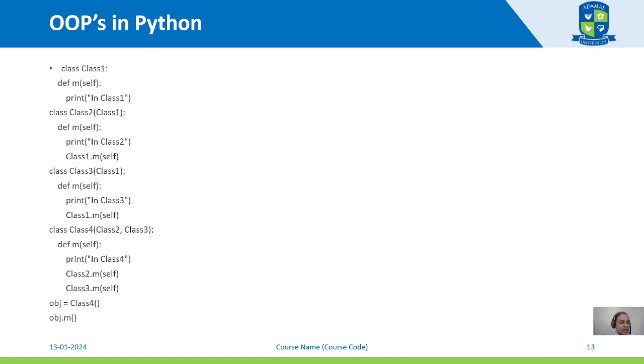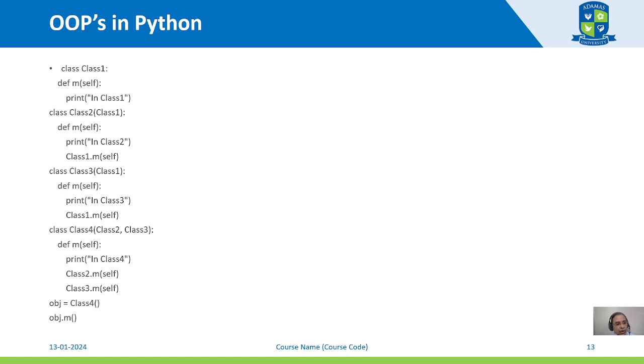We all know that we can call it by the name of the class. So here class 2 is calling the method m and class 3 also is calling the method m, and at the end we have created the object of class 4 and we have called the method m using that object. Now here what will happen?